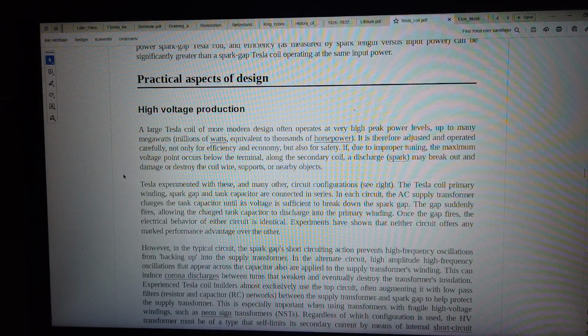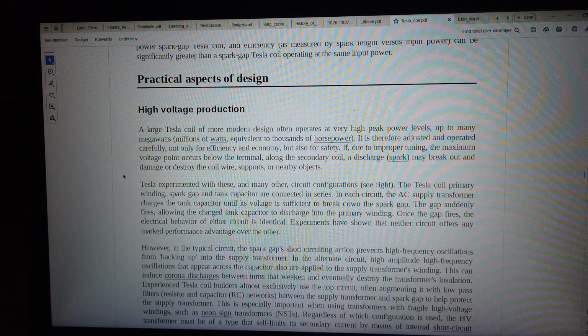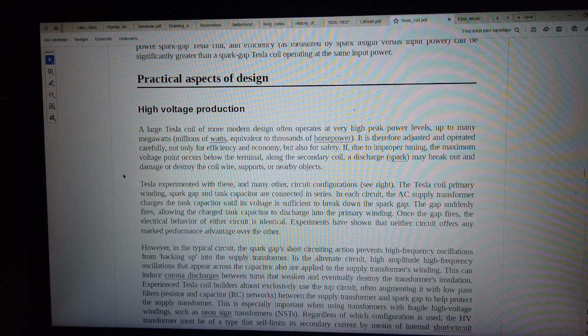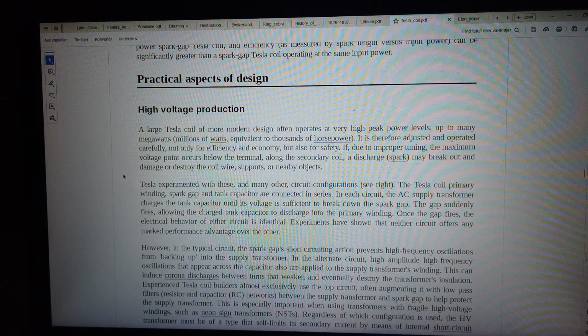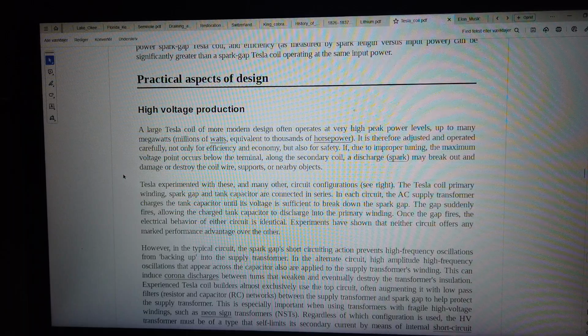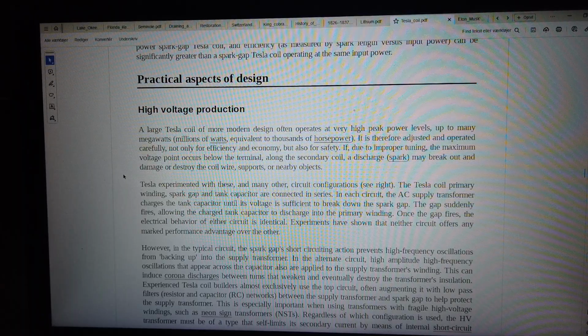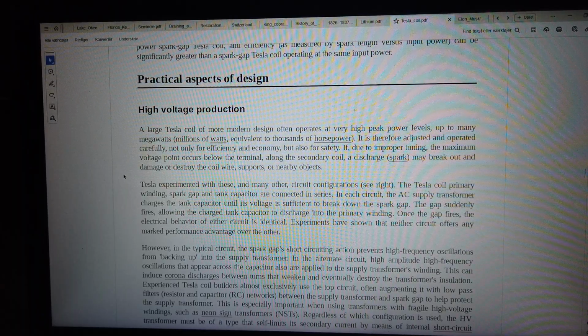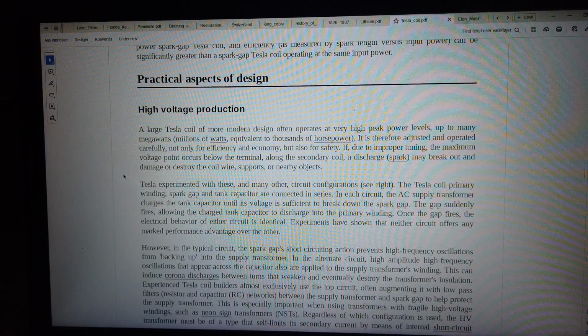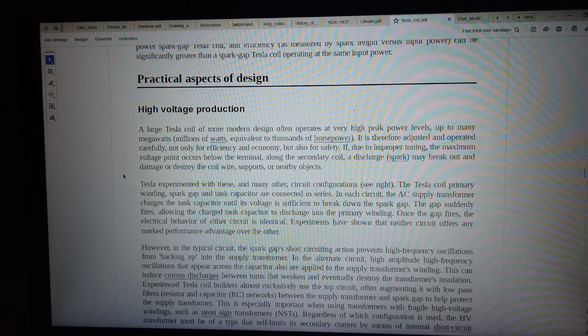Experienced Tesla coil builders almost exclusively use the top circuit, often augmenting it with low-pass filters, resistor and capacitor, RC, networks, between the supply transformer and spark gap to help protect the supply transformer. This is especially important when using transformers with fragile high-voltage windings, such as neon sign transformers, NSTs.